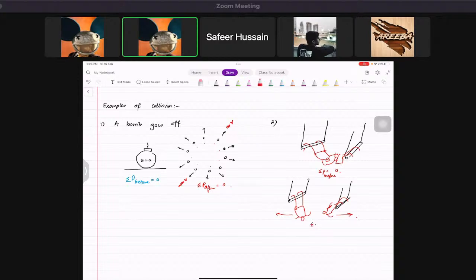So now they're moving. Is the momentum before and after equal? Since their directions are opposite, it's also zero. Yes, that's correct. Because it will have a momentum mv, and this will have mv in the opposite direction. When you add them, the momentum will also be zero. Is it clear, Ariba? Ariba, do you understand?